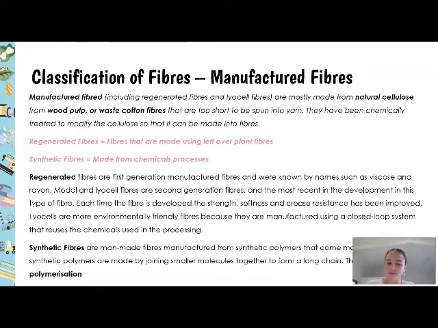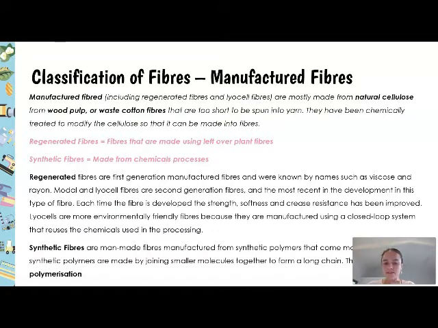Each time the fiber is developed, the strength, softness, and crease resistance has been improved. Lyocells are more environmentally friendly fibers because they are manufactured using a closed loop system that reuses the chemicals used in the process. So that just means that they've used chemicals and then they've reused them. Okay, so they're not just chucking them out and that's waste, they are reusing them.